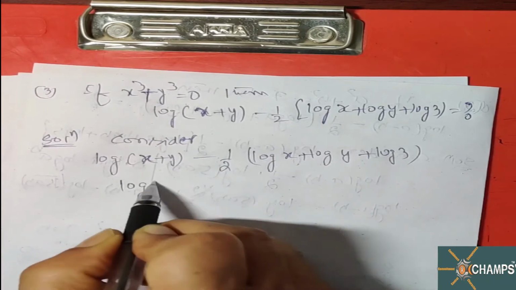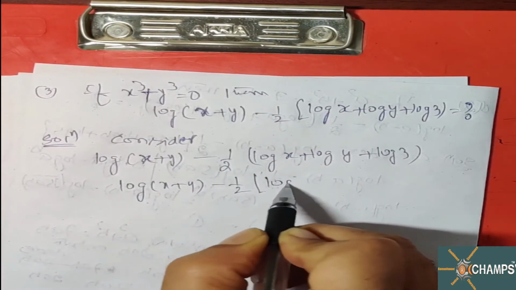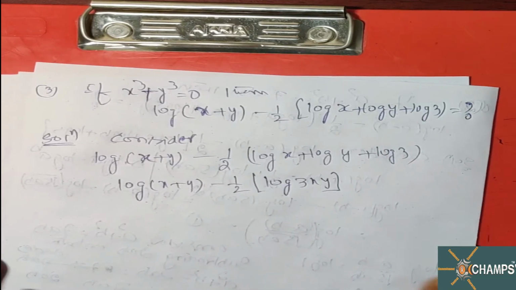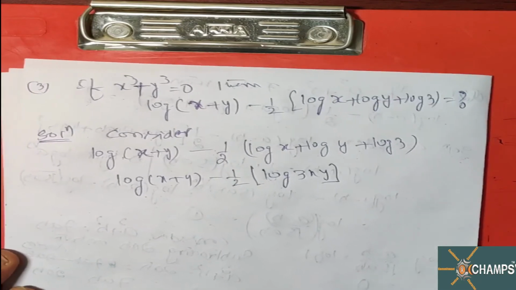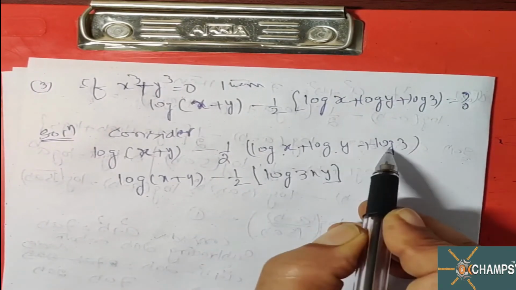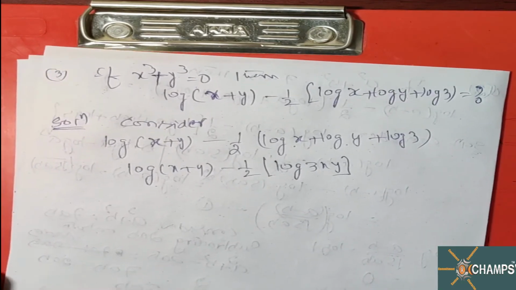This is log x plus y minus 1 by 2 into log 3xy. Why? This is of the type log a plus log b plus log c.